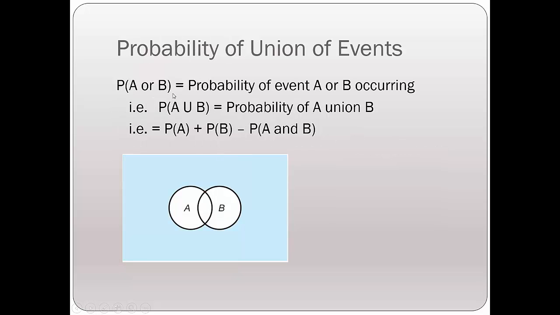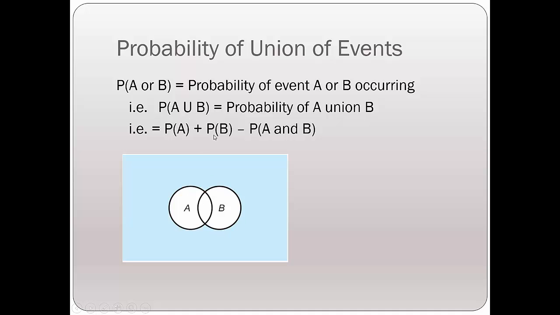Then we can define other probabilities such as the probability of the union of events. You have two events A and B, and what is the probability that either A or B is true? Either-or is union, so A or B. That probability can be computed by taking the probability of A and adding the probability of B to it.